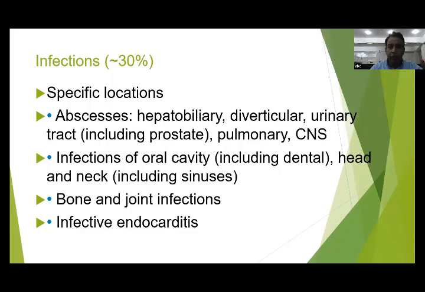Infections of the oral cavity. Another important aspect: the patient may have a dead infected tooth and have spikes of fever. You do an extensive investigation of everything, but you can't find the exact cause. So always examine the oral cavity if a patient has a prolonged history of fever. And every clinician, every physician must, in my experience, always listen to the heart and lungs.